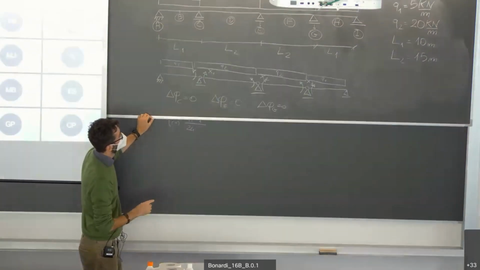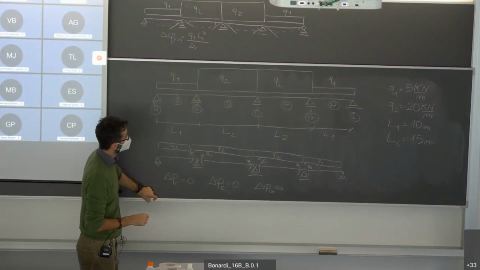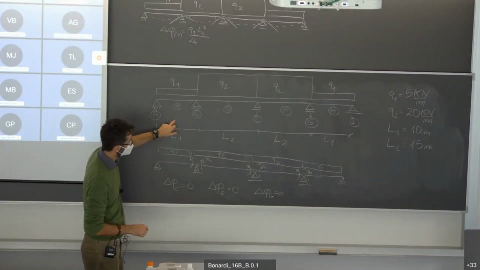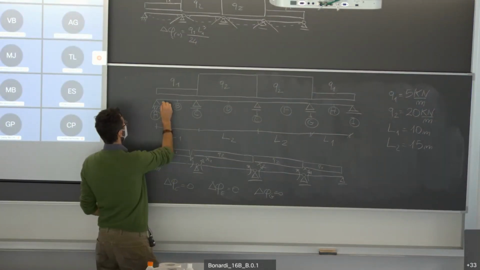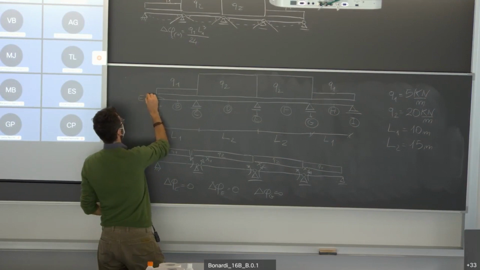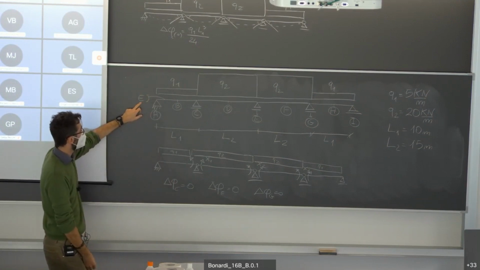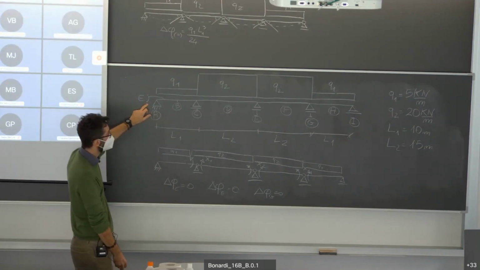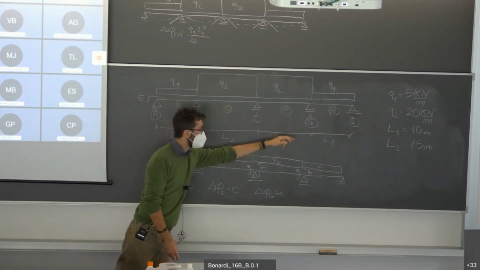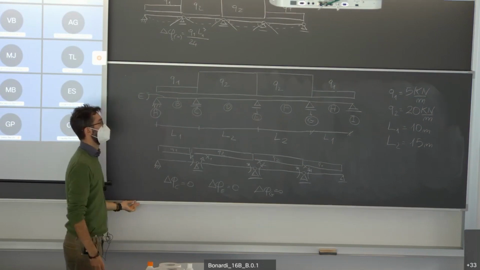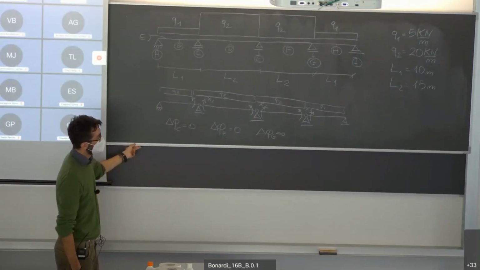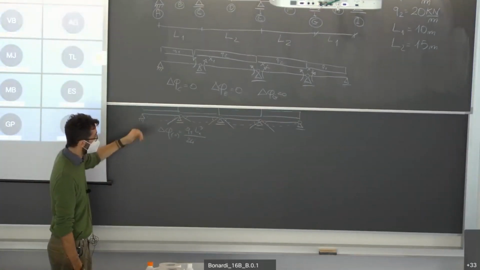This is something I forgot: I gave you all the information about load condition and geometry, but I didn't say that this has a specific value of Young's modulus and a specific moment of inertia. These are the same, just to make the computation easier. Otherwise, that would have been way too long.